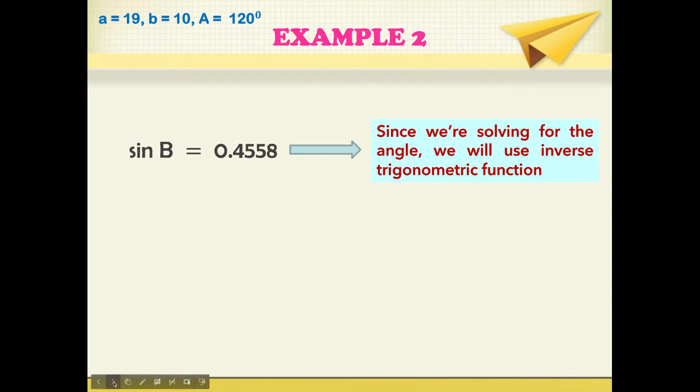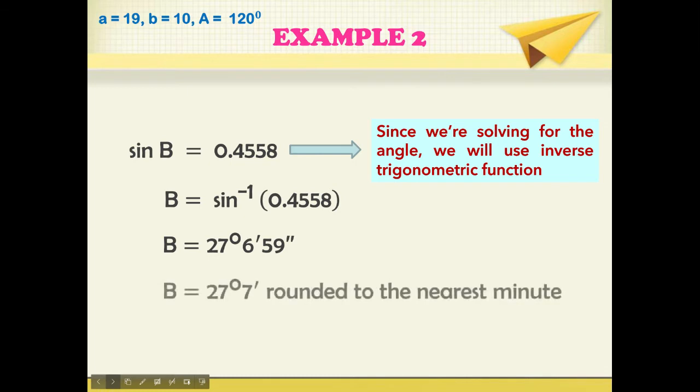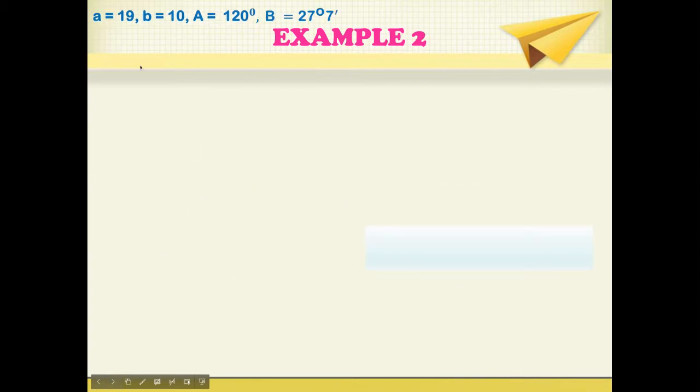So therefore, angle B will be equal to sine inverse 0.4558, which is 27 degrees, 6 minutes, and 59 seconds, or angle B is equal to 27 degrees, 7 minutes, rounded to the nearest minute. So now we have the values for side A, side B, angle A, as well as angle B.